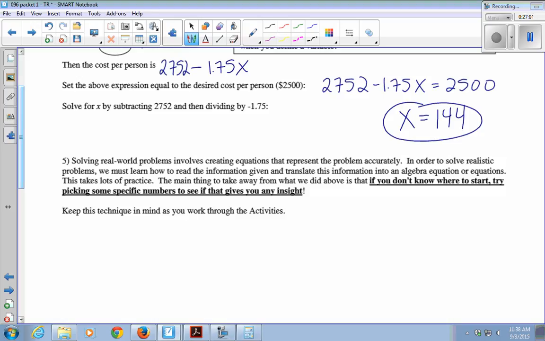But the main thing to take away from what we did today is, if you don't know where to start, just pick some numbers and see if that gives you some insight. Don't jump to defining a variable, but instead say, well, what happens if I have 10 people? What happens if I have 50 people? Do that 2 or 3 or 7 times until you get some insight about what is actually changing. Call that thing X, and then try to set up an equation.